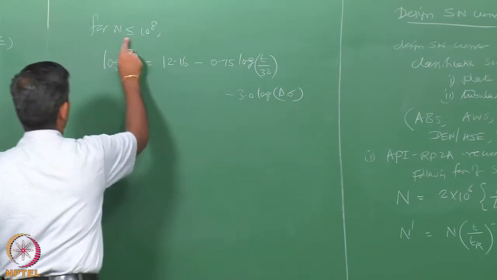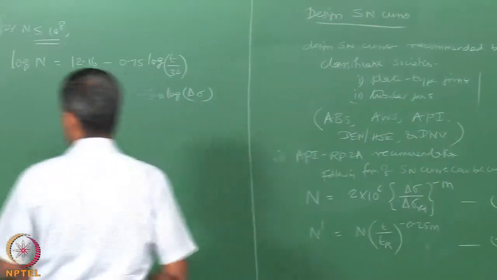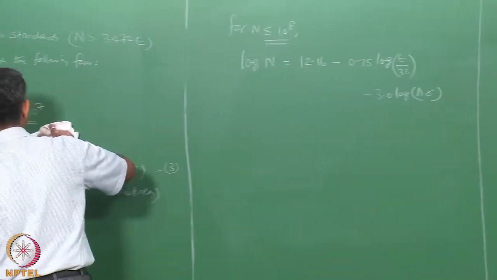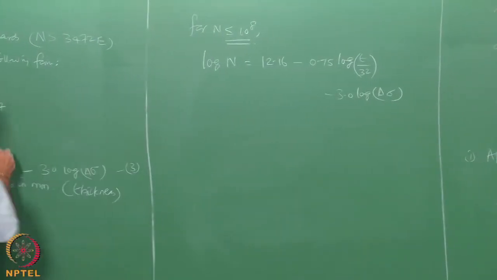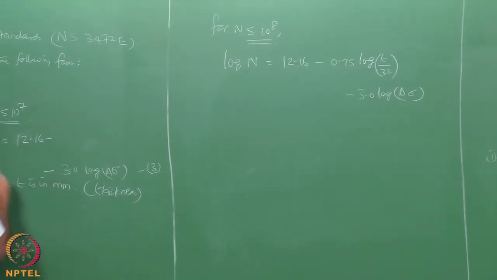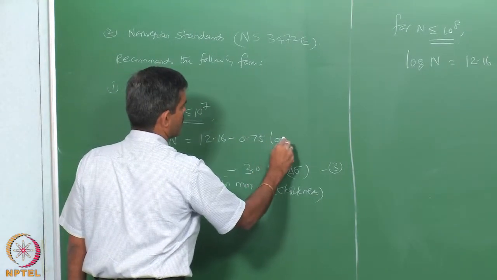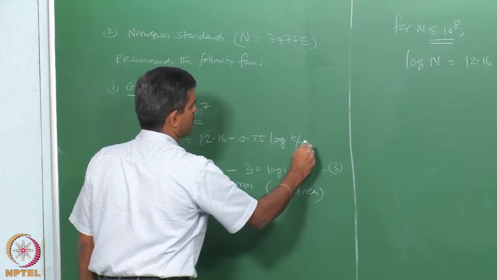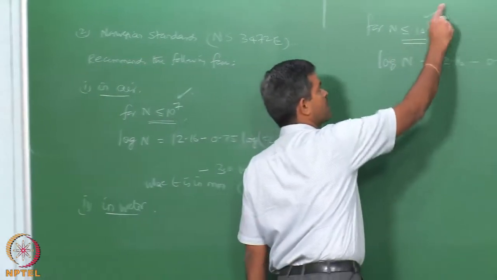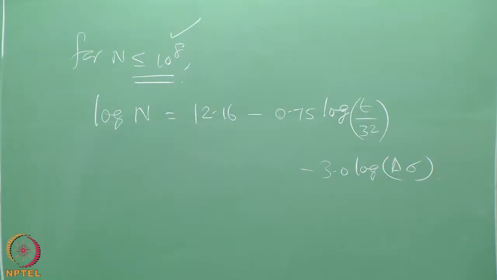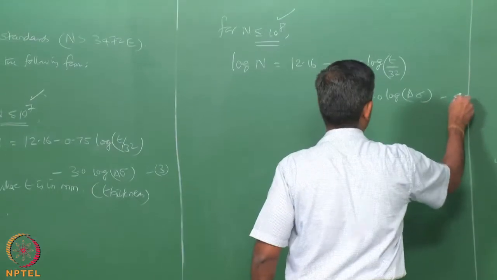That is for 10 power 8 cycles in water, whereas in air it is 10 power 7 cycles. So the equation is 12.16 minus 0.75 log T by 32. So, for 10 power 7 in air, there are 10 power 8 cycles in water. So, equation number 4.